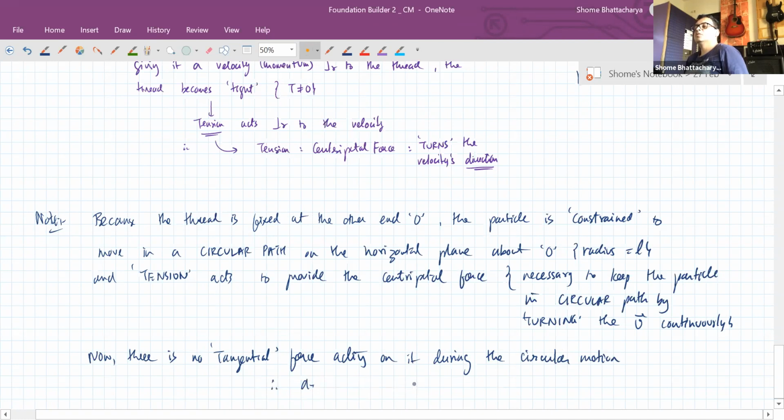Therefore, the motion is a uniform circular motion. Tangential acceleration is zero implies that the rate of change of speed is zero. Alpha is zero. So it has to be a uniform circular motion.